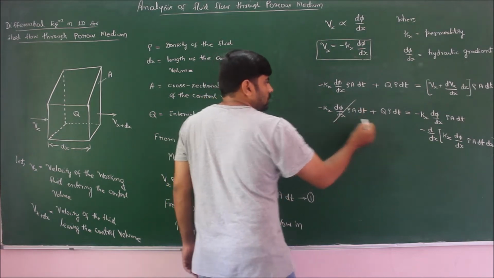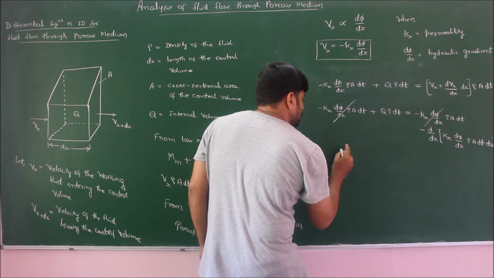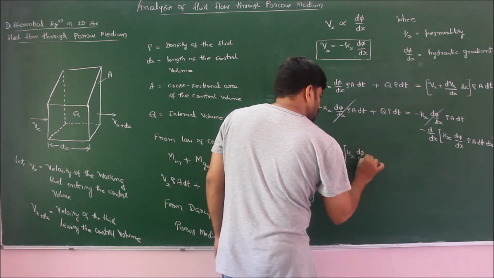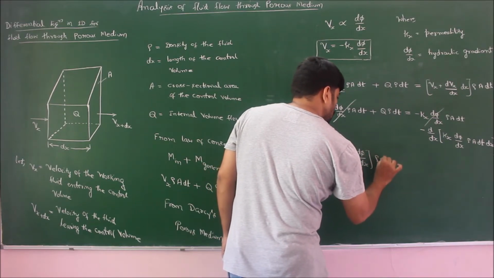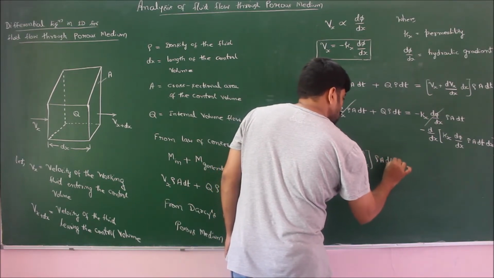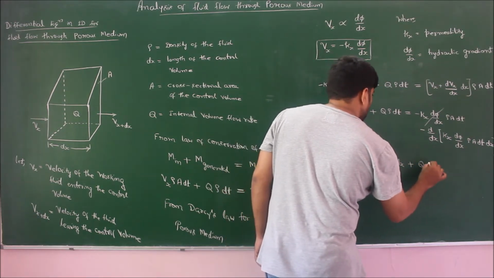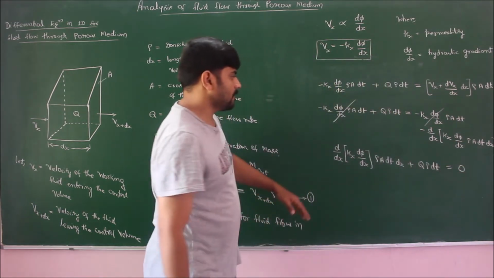Now cancelling off these two terms and rearranging, I will end up with d by dx of permeability times d phi by dx, rho A dt into dx, plus q rho dt is equal to 0.